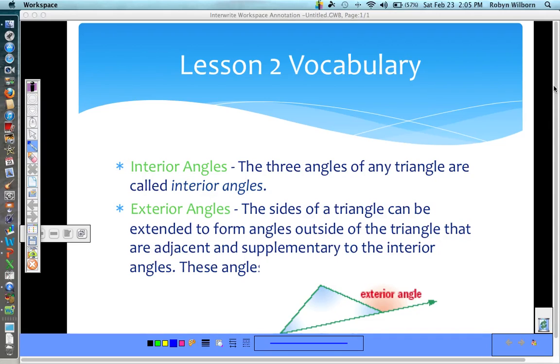Let me show you on the diagram down here. I could say that this is angle 1, I could call this angle 2, and I could call this angle 3. So the inside angles, inside the side lengths, are called interior angles.